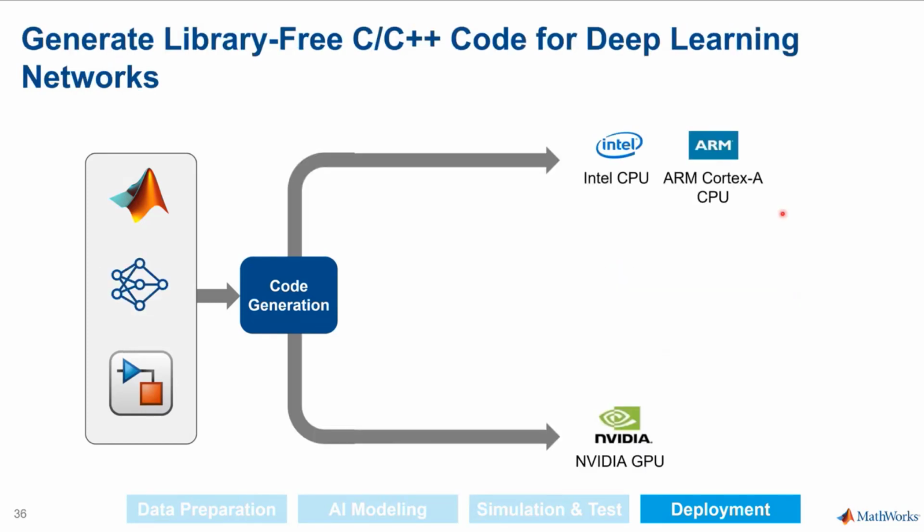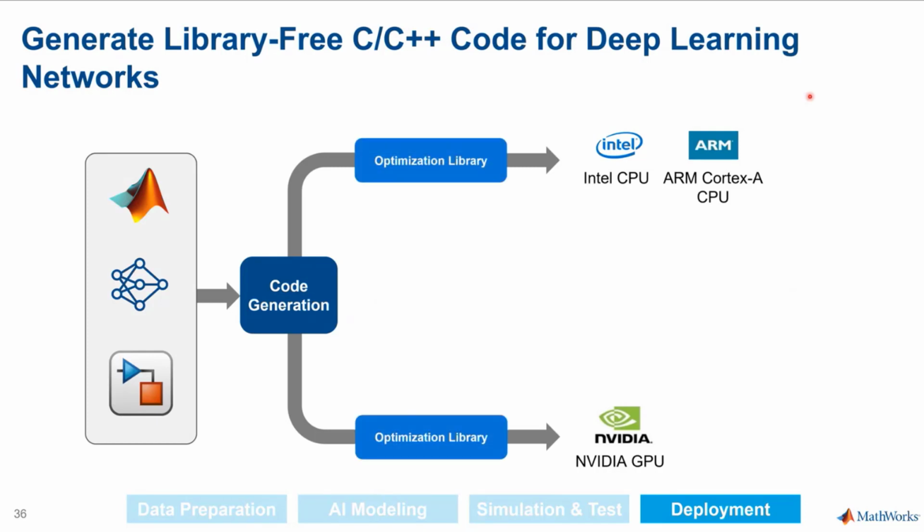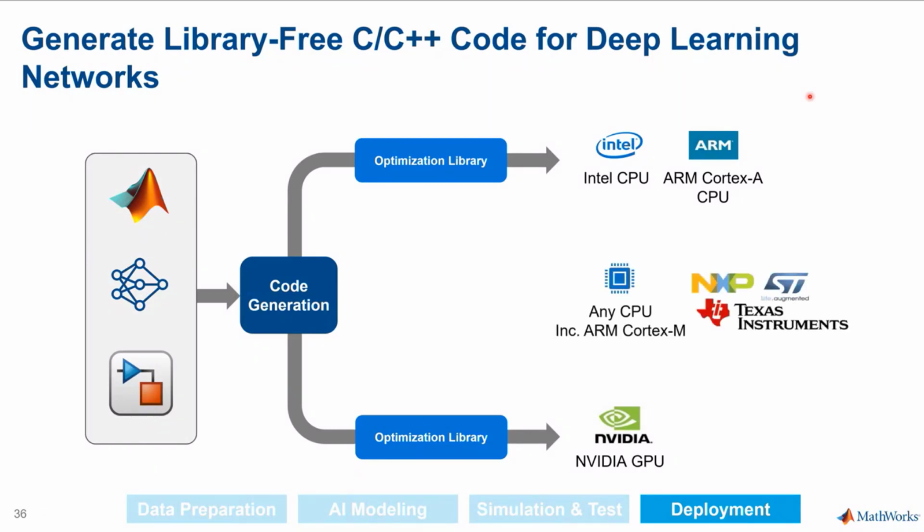In case of deep learning networks, you might want to use some optimization libraries, which will make sure that the inference of the network runs in an optimized fashion, so that it's pretty fast, and optimized for certain targets. But some people don't want to do that. They don't want to depend on optimization libraries.